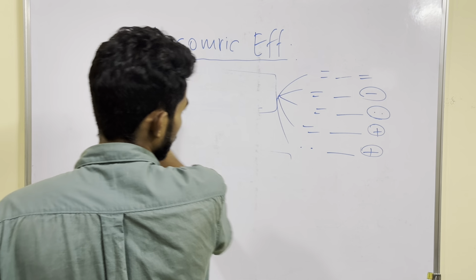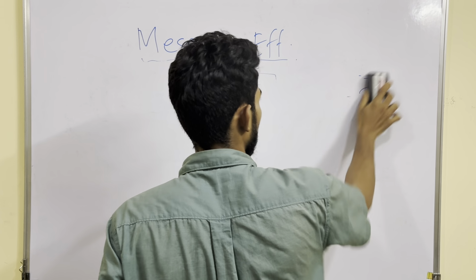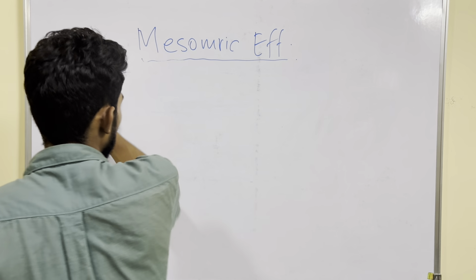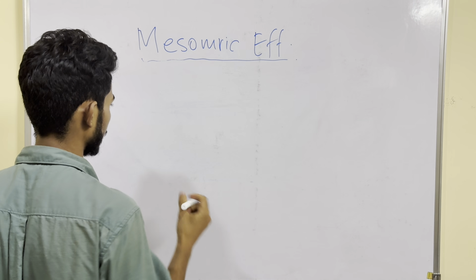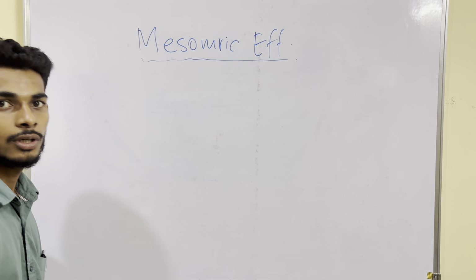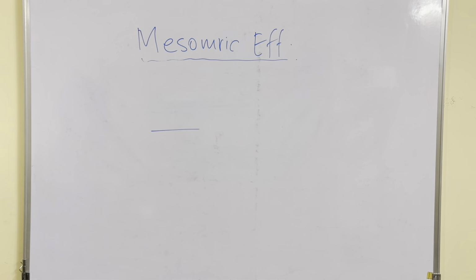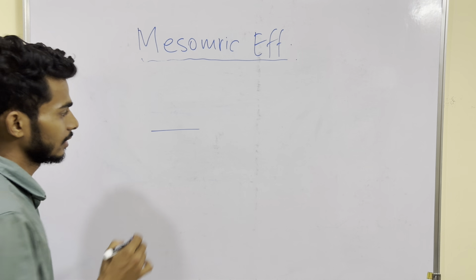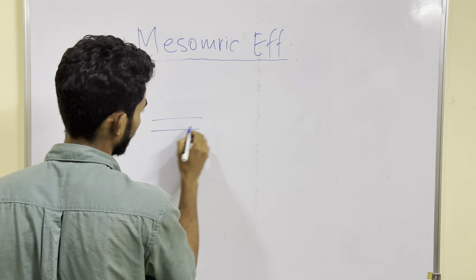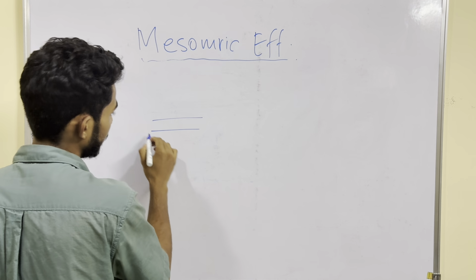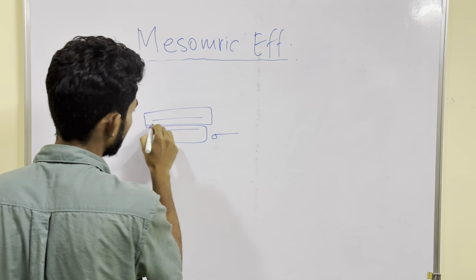Before going to different types of conjugation, let's dive a little bit deeper inside the conjugation in diagrammatic view. First of all, tell me, this one is the sigma bond, this one is the pi bond.